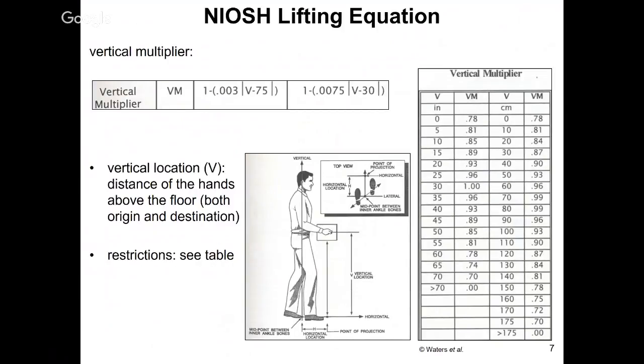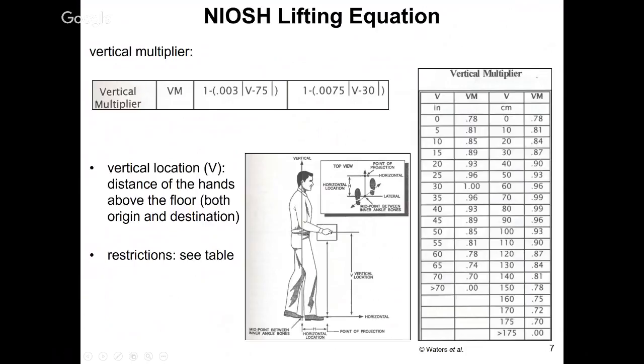For vertical distance, V is the vertical location, the distance of the hands above the floor at the origin and destination. This is where the app is a little bit different for both horizontal and vertical. Generally, you may pick this up, and if you're moving straight up, kind of like this figure depicts, then the horizontal distance isn't really going to change.